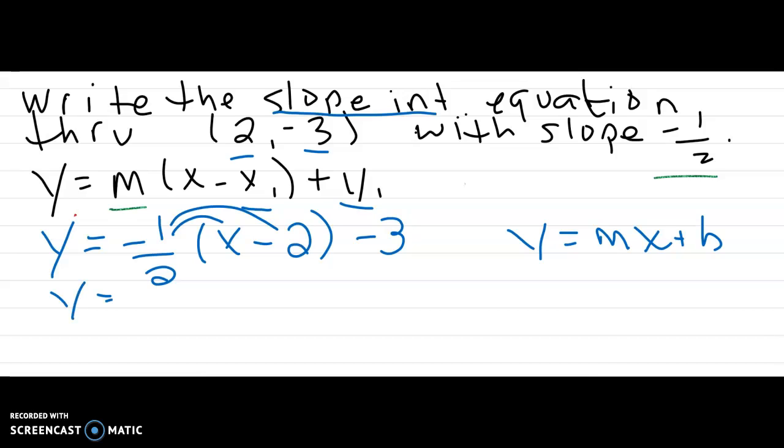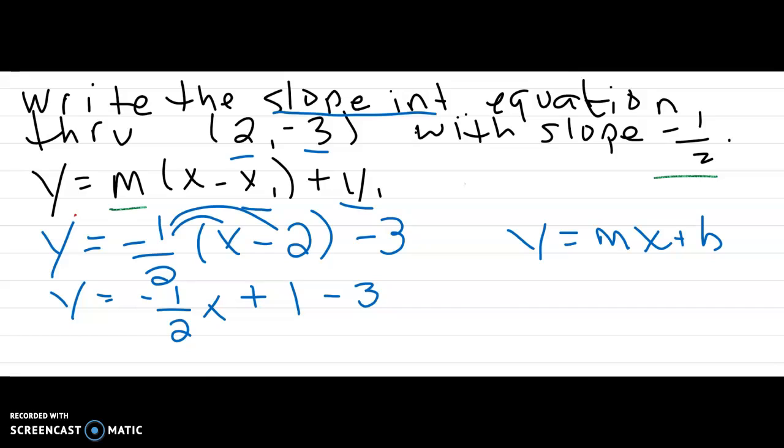So that's going to be y equals -1/2 x, because -1/2 times x is -1/2 x. And then it's going to be plus 1, because -1/2 times -2 is positive 1. A negative times a negative is a positive, and half of 2 equals 1. And then I'll carry my -3 down.